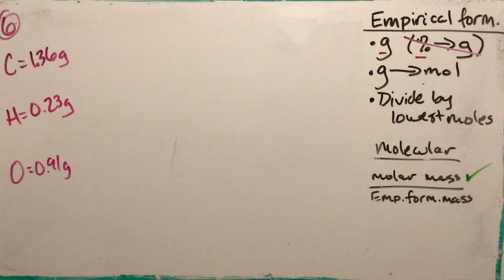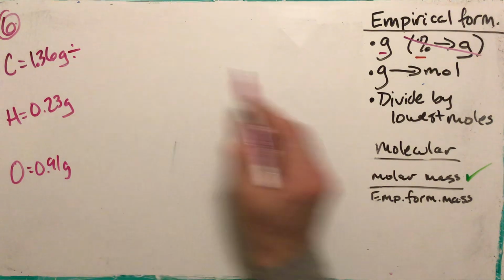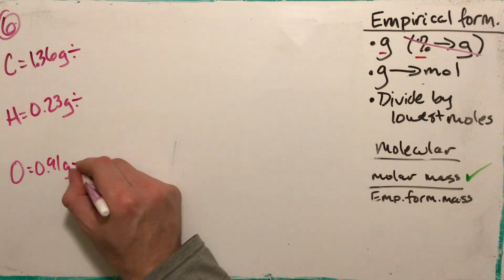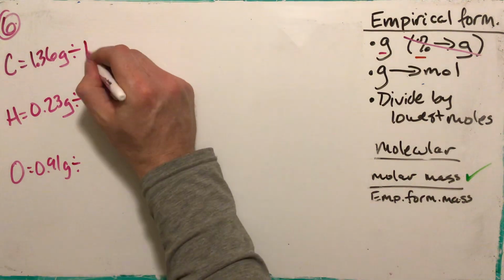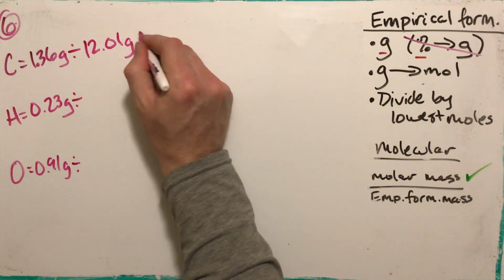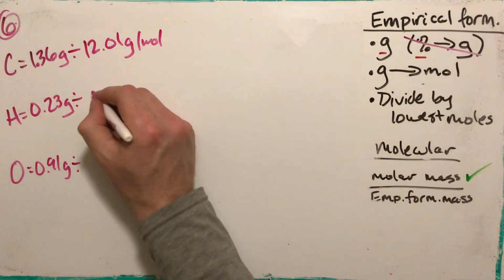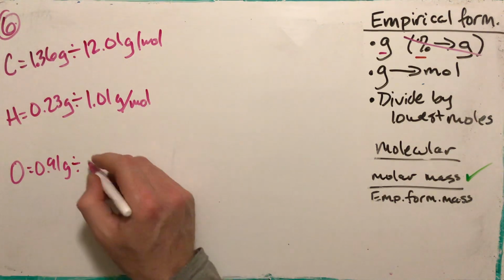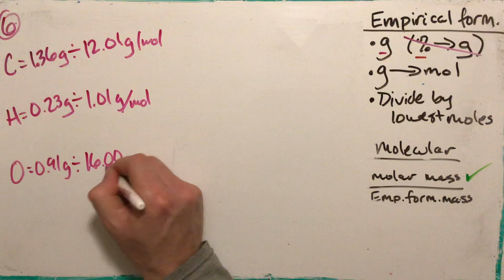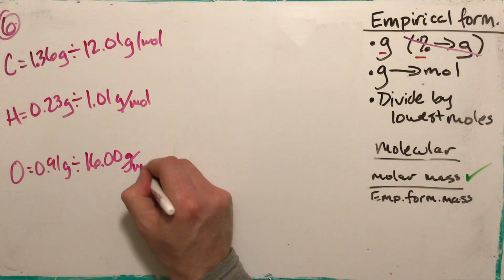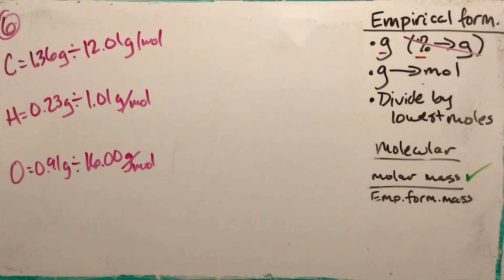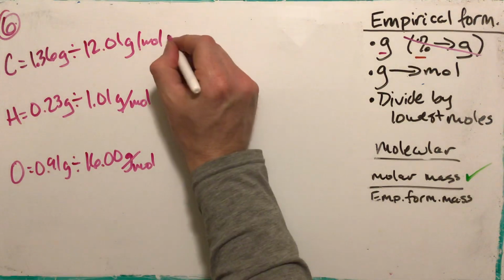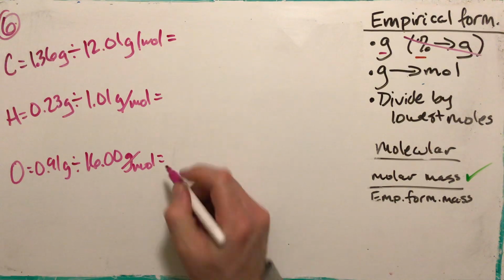All right. The next thing I'm going to do, so I already have mass, turn it into moles, divide by the molar mass. So I'm dividing by the molar mass of each element. Carbon on the periodic table, hydrogen and oxygen, right? And so I do that.